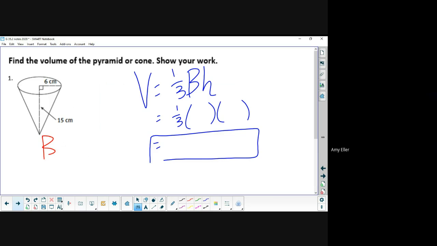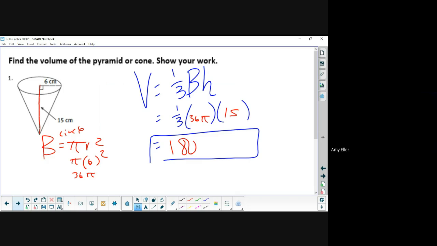The area of the base is pi r squared. It's a circle. Height. We do want height. We don't want slanted height, or else it would have said L. We want height, which has been given to us, so we just get to copy that number. I'm going to type it without the pi: 1/3 times 36 times 15.